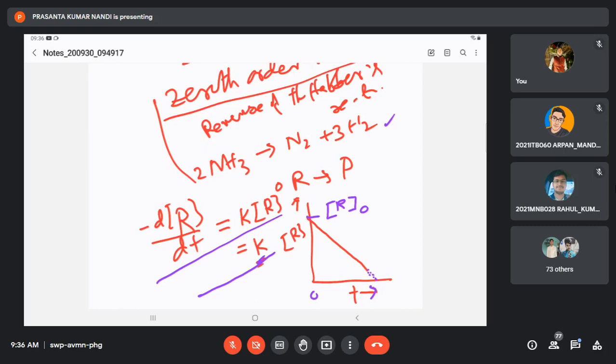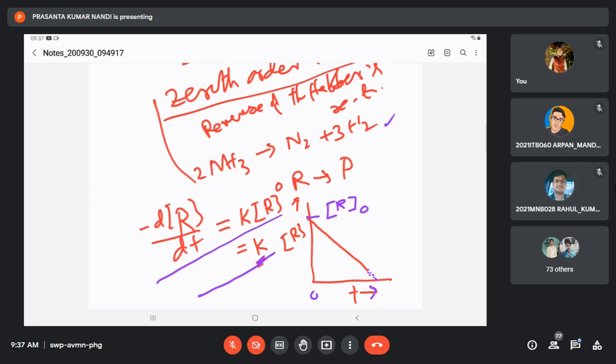If we plot reactant concentration versus time, then the slope is naturally negative, a constant, just like a straight line, right?